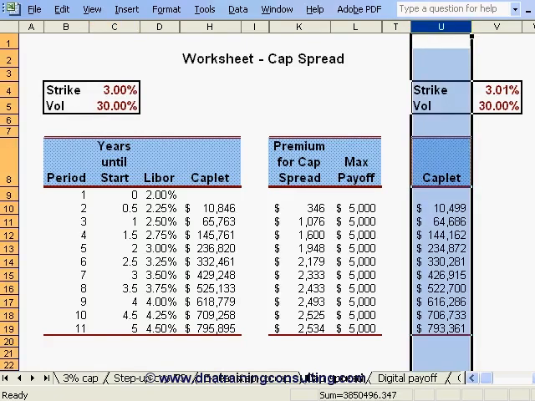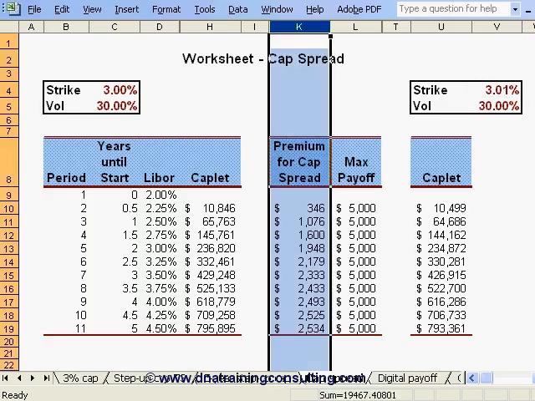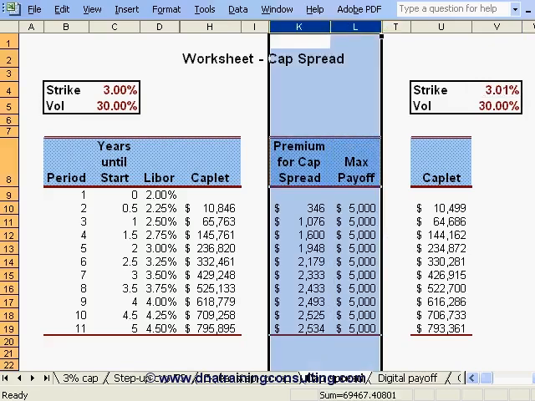Column U shows the pricing of similar caplets, except that the strike has been increased to 3.01% from 3%. There is a reason for this, which you will come to appreciate very soon. Columns K and L are the most important columns in this worksheet.